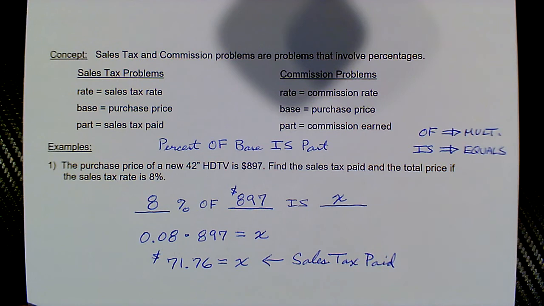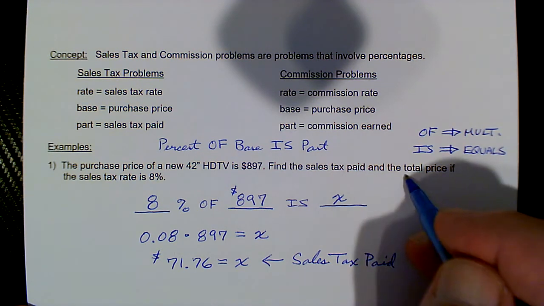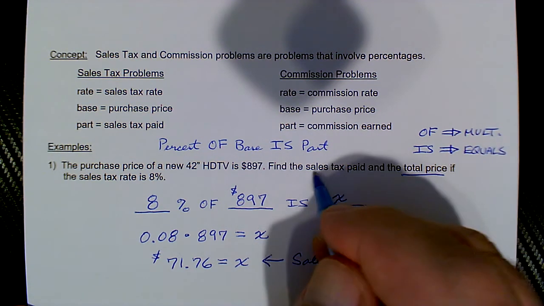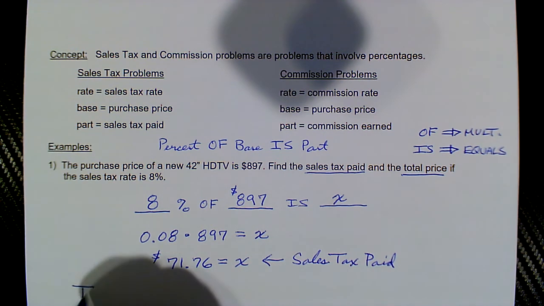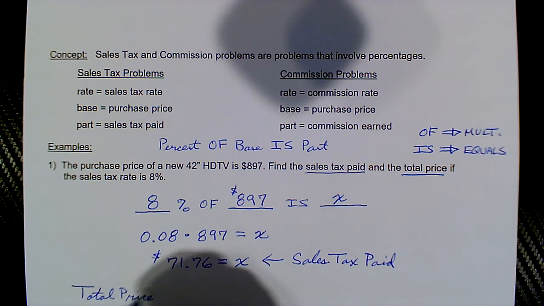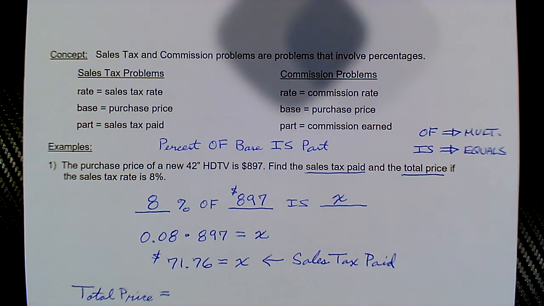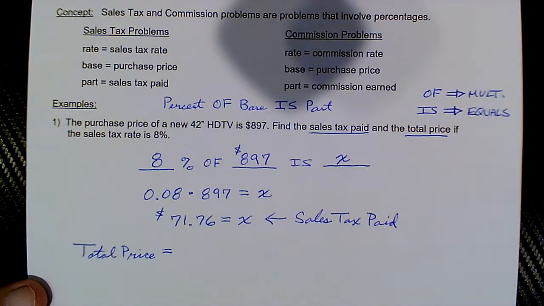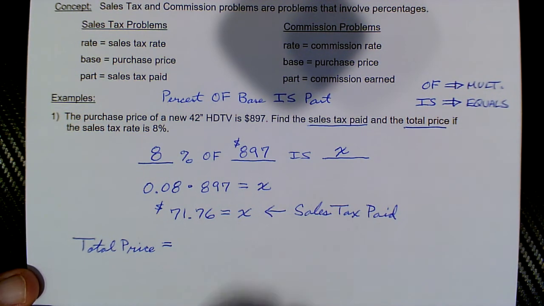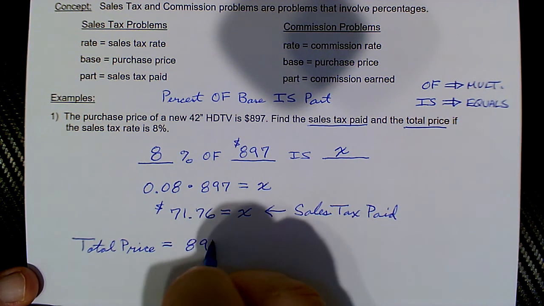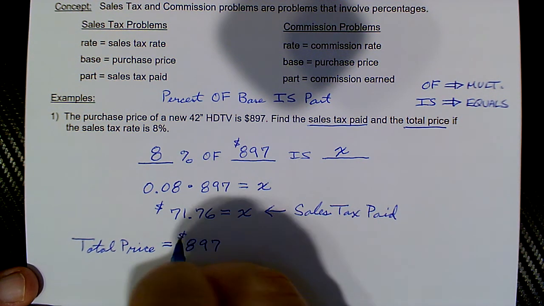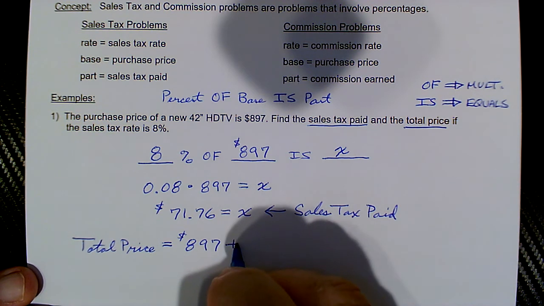And the question did ask for the total price as well. So we wanted the sales tax paid. That's the $71.76. And the total price, you don't need a formula for this, just intuitively obvious, or at least it should be. I mean, we've all bought things in the store, and so the sales tax gets added to the $897, which was the purchase price of this television set.